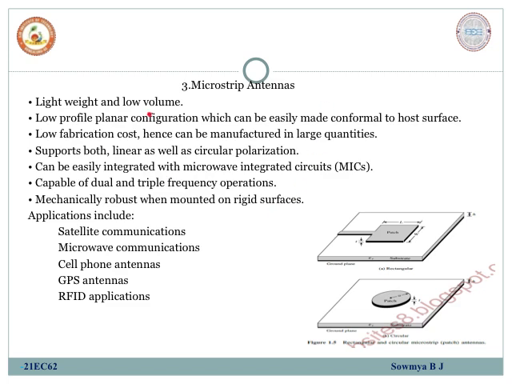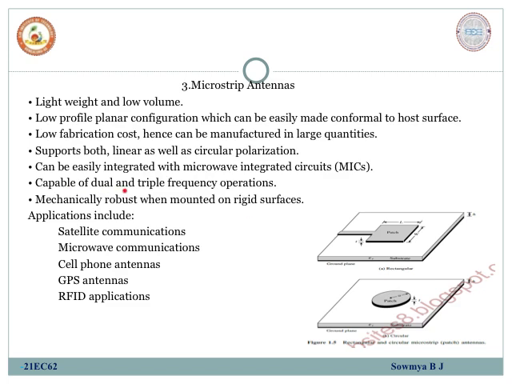The first one is they have lightweight and low volume, and low profile planar configuration, which can be easily made conformal to the host surface, and they have low fabrication cost and hence can be manufactured in large quantities. They support both linear as well as circular polarization. They can be easily integrated with microwave integrated circuits.